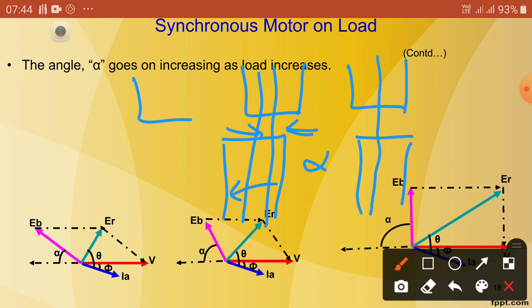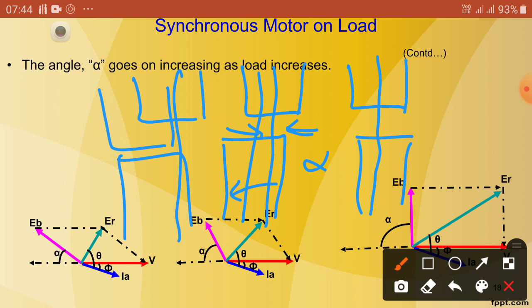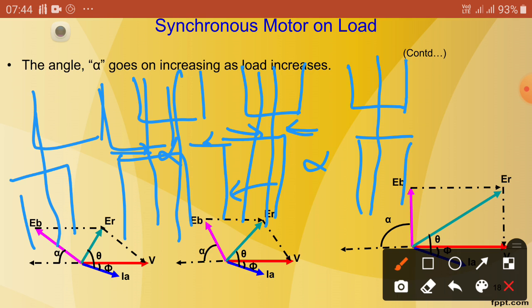Now, if further load is added, this rotor axis comes in this direction. Then alpha increases further, even up to 90 degrees. In this limit position, it is still magnetically coupled and will run at synchronous speed.